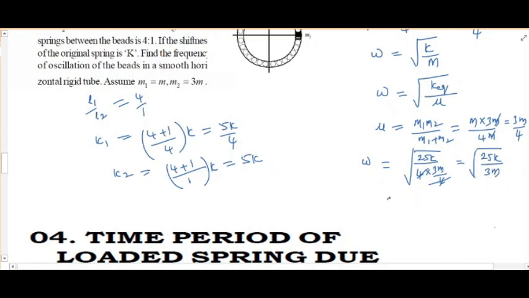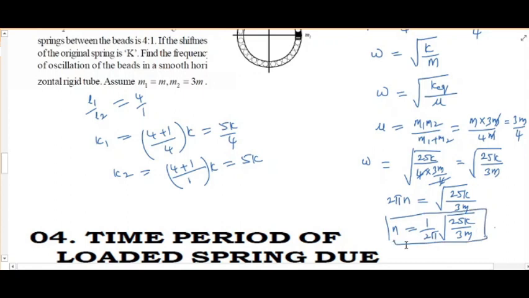This is omega, but omega is equal to 2 pi n. Therefore 2 pi n is equal to square root of 25K by 3M, so the frequency n is equal to 1 by 2 pi into square root of 25K by 3M. This is the frequency.